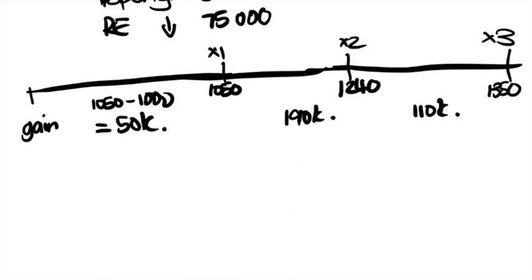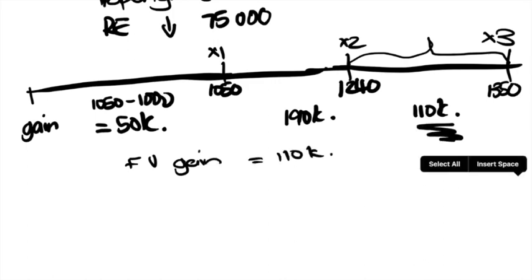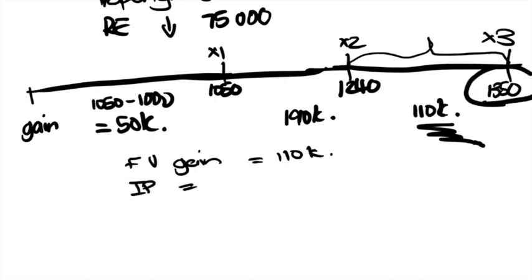So if we were to summarize, in the year X3, what do we expect to see in the financial statements? Well, we expect to see a fair value gain, which is the 110,000 over there. We expect to have our investment property on the statement of financial position at that amount, the 1350.